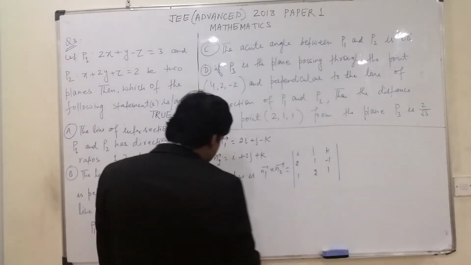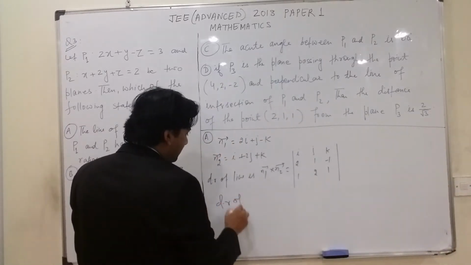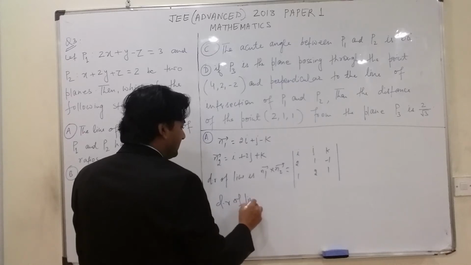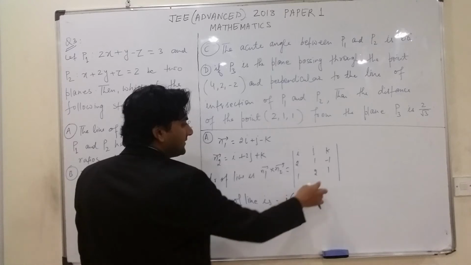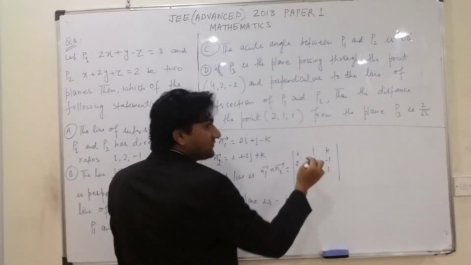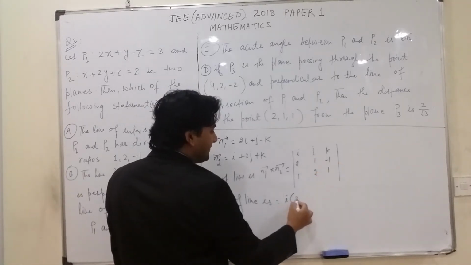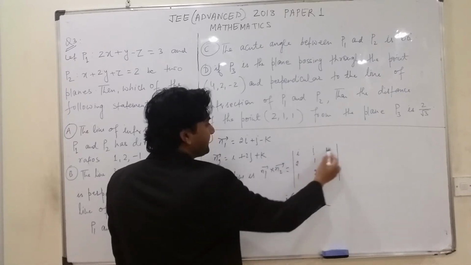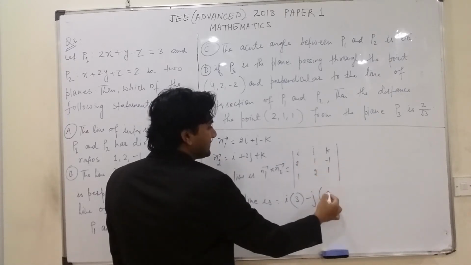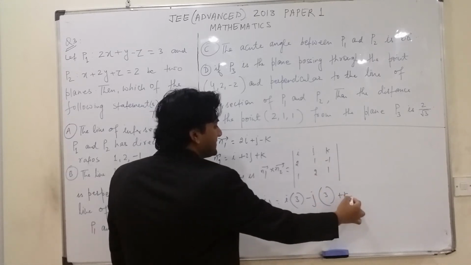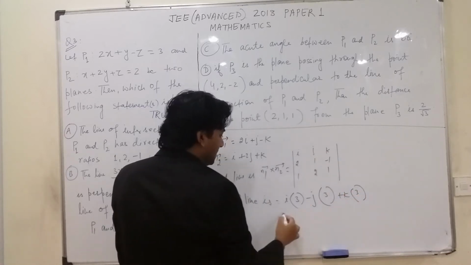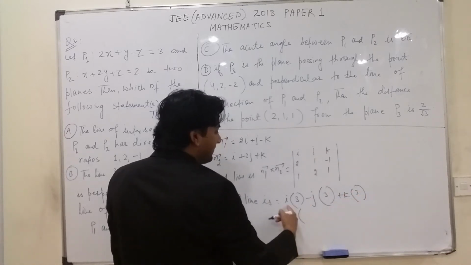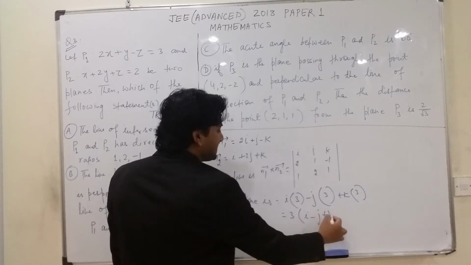So the direction ratio of the line is: this is i, 1 times 1 is 1 plus 2, that is 3, minus j, this is 2 and again plus 1, that is again 3, and then this is k, 4 minus 1, again 3. So we can take 3 common, and then we will have i minus j plus k.